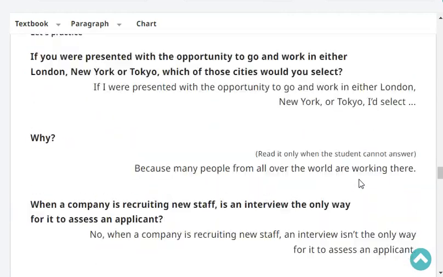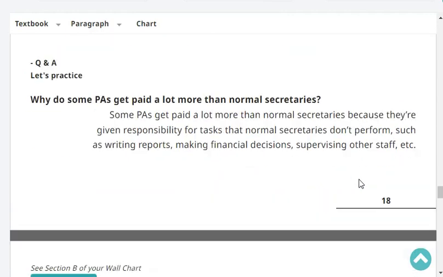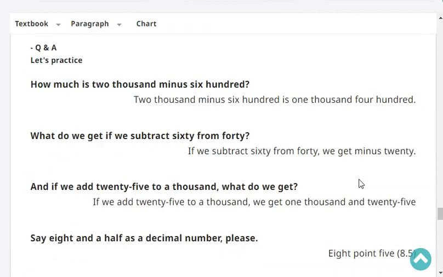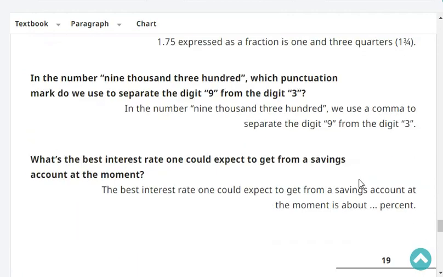In the number 9,300, which punctuation mark do you use to separate the digit 9 from the digit 3? In the number 9,300, we use a comma to separate the digit 9 from the digit 3.